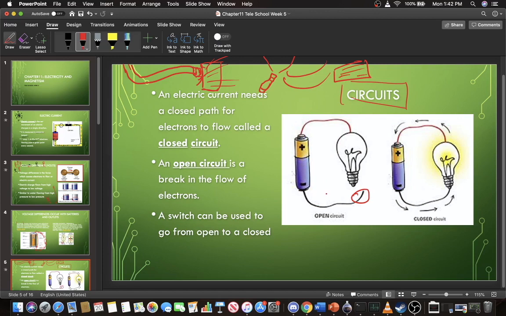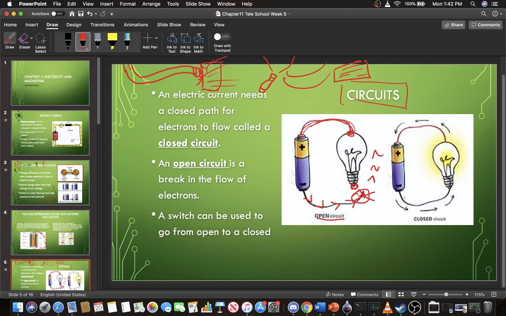Similarly, we talk about this with light bulbs and other electronic devices. This is displaying an open circuit where the negative side should attach to the bottom of this light bulb, and then the light bulb should have a little spot to attach back to the positive side of the battery. Because that one is not attached, the electrons are just going to fly away.